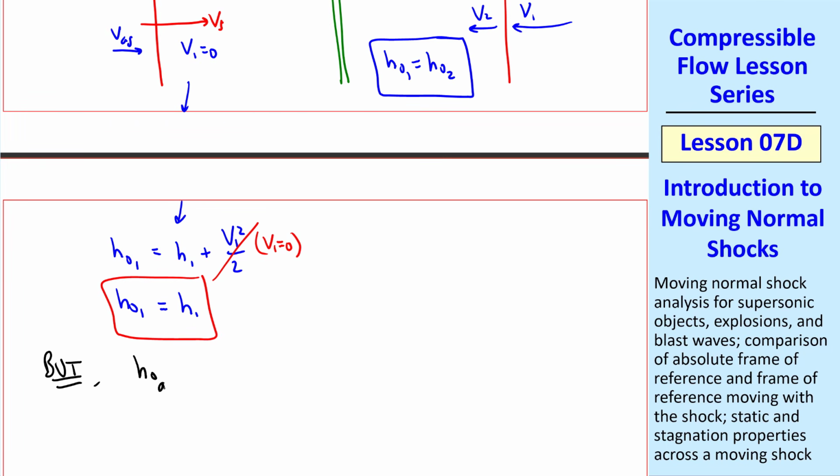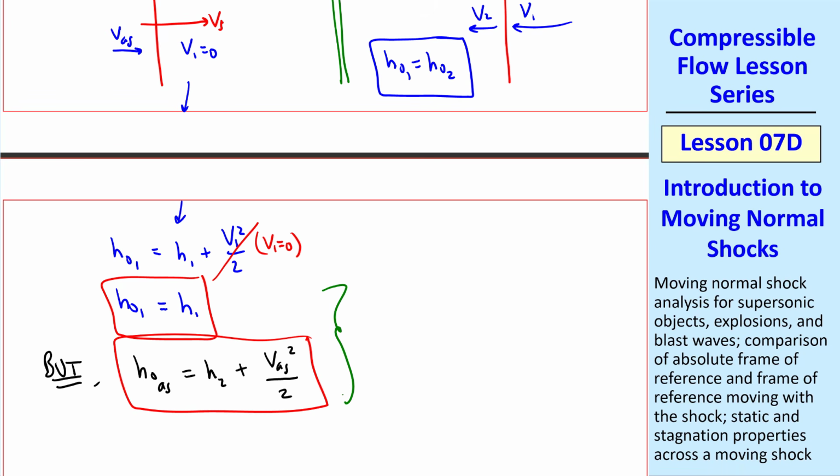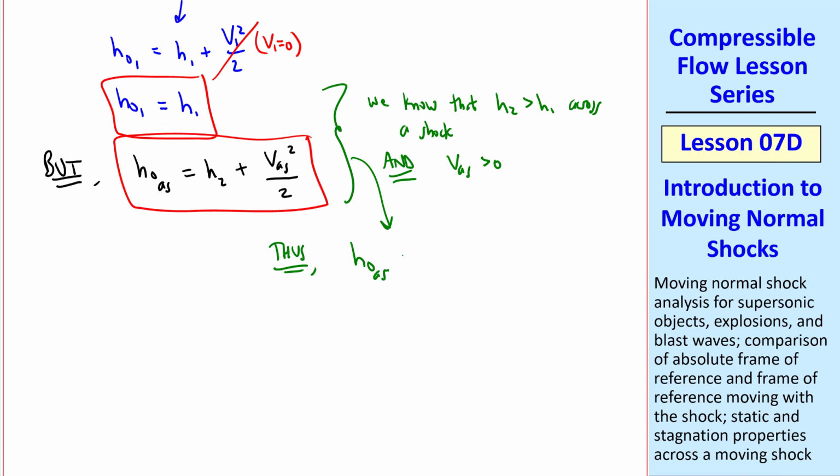But H0 after the shock is the static property H2 plus its speed VAS squared over 2. Comparing these, we know that H2 is greater than H1 across a shock, and VAS is greater than 0 in this moving shock reference frame. Thus, H0AS is greater than H01 for a moving shock.